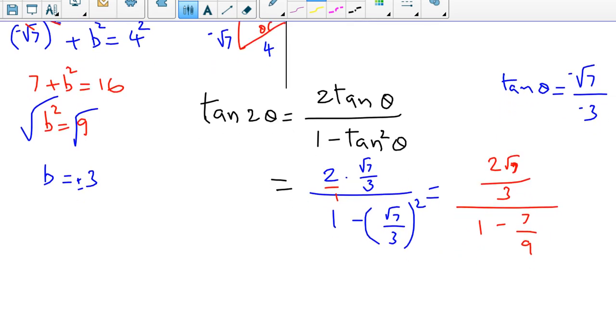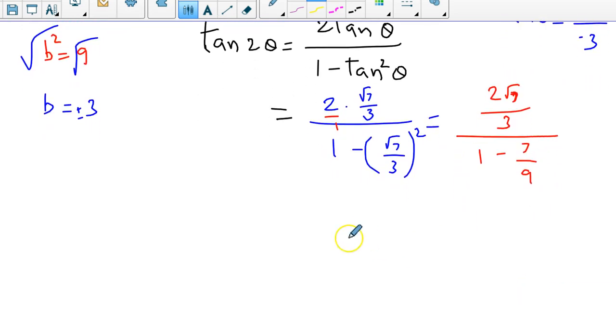What next? You have over here 2 root 7 over 3, and this 9, and 1 you can assume it as 9 over 9, right?